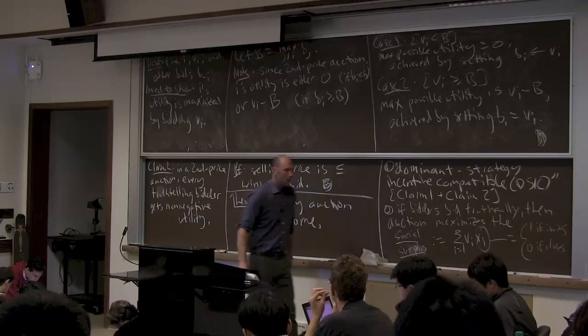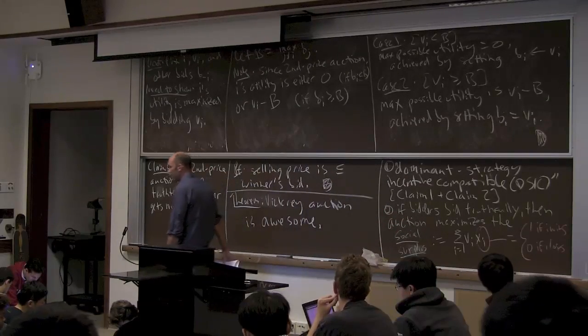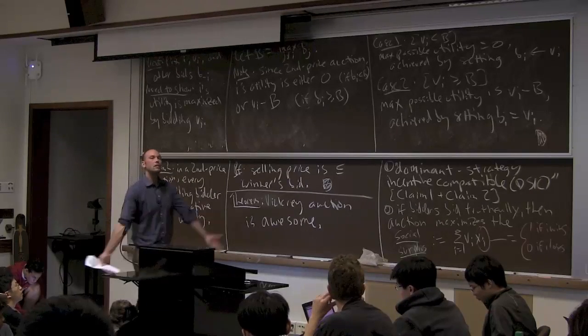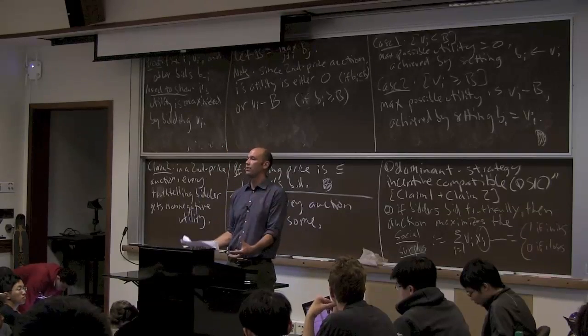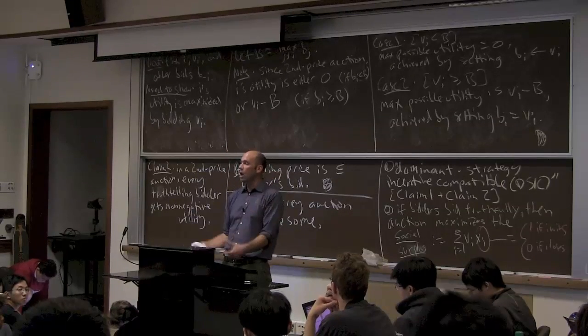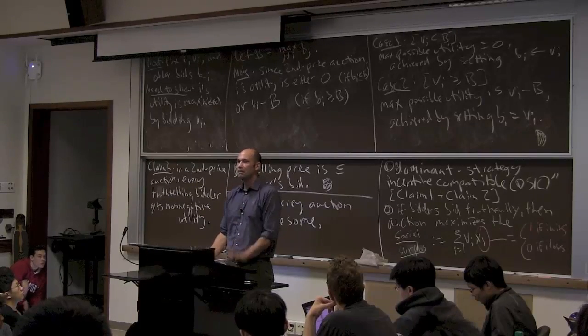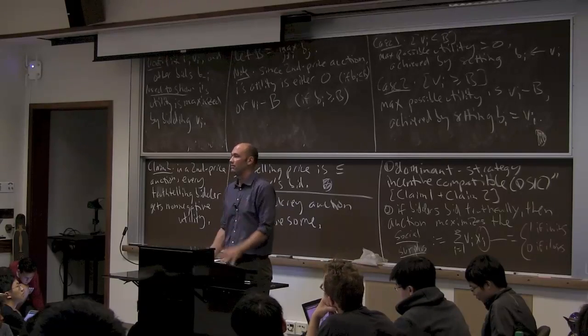But this is also really cool, because remember, these v_i's were private, what people were willing to pay. We had no idea what they were in the first place. That's why we were running the auction, because we didn't know what this was worth to people. If we had known, one reasonable objective would be to make sure the item goes to the person who wants it the most. We just didn't know who that was up front.